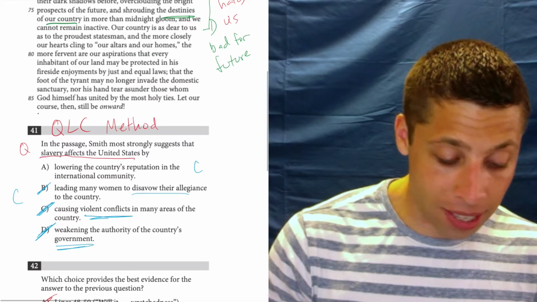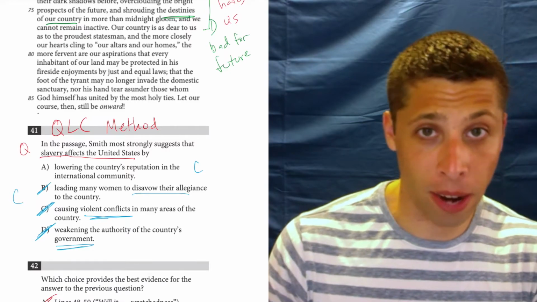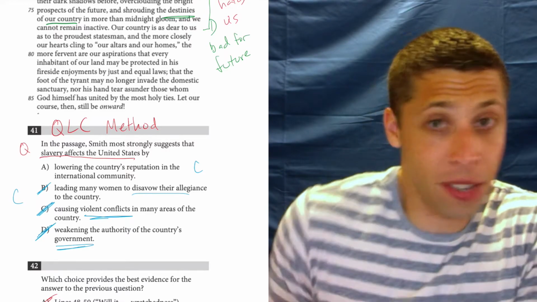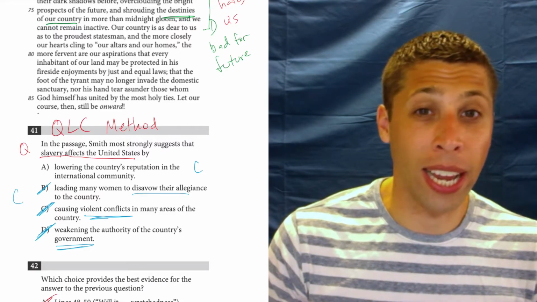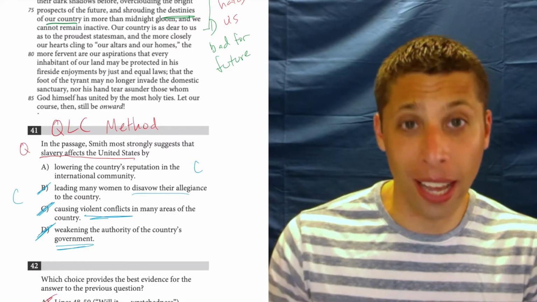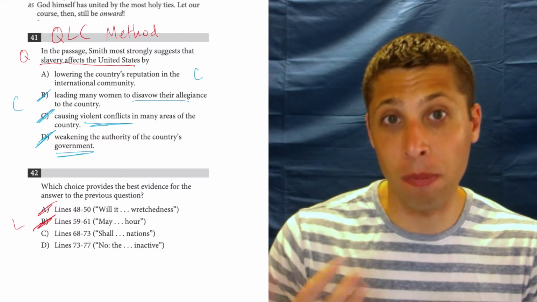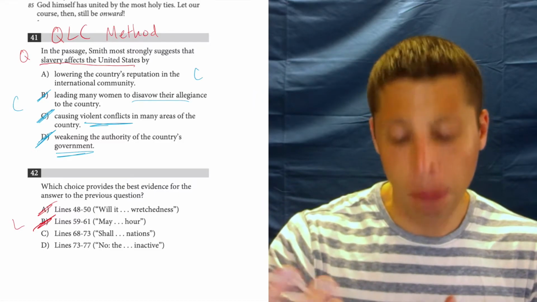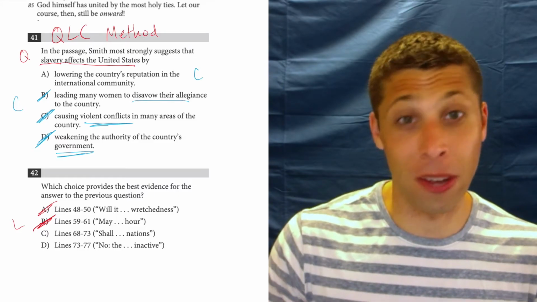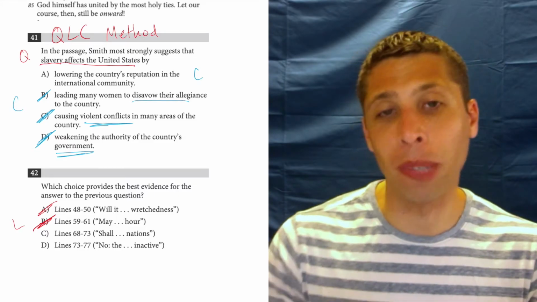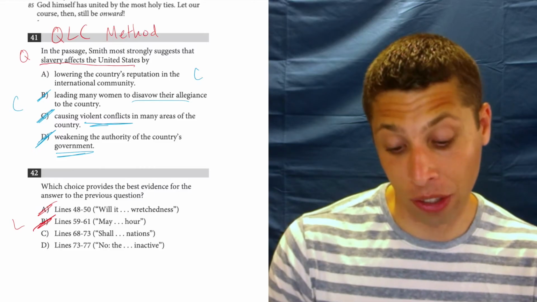And so that's the thing: line reference D does answer the question. It's not a wrong line reference. But this is why we want to hesitate when we are doing that question 42, and make sure we've got a match in number 41 before we pick our answers, because there might be multiple line references that work, but only one of them will have a match in the actual question 41.